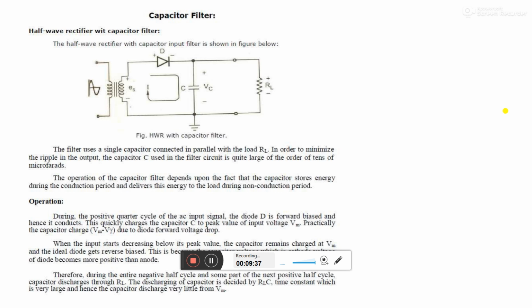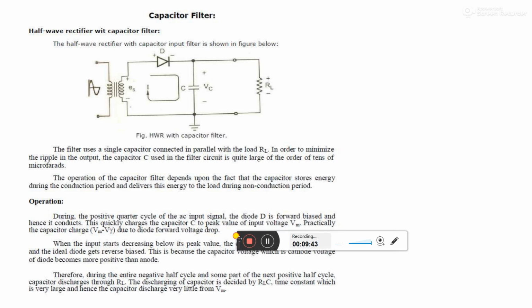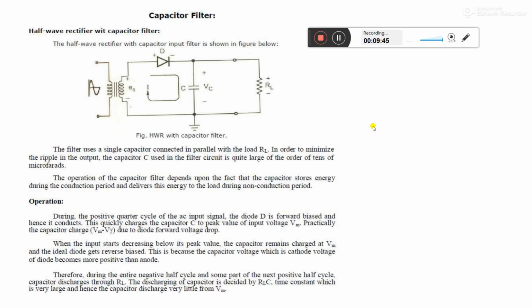The next filter, or second category of filter, is the capacitor filter. Here, in the circuit shown, we again use a half wave rectifier, and a single capacitor is connected in parallel with respect to the load RL.